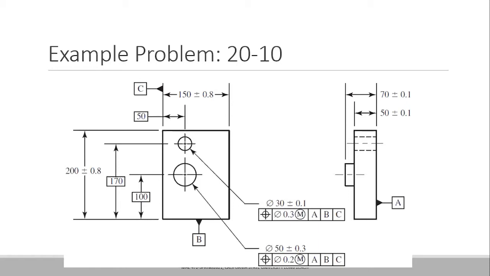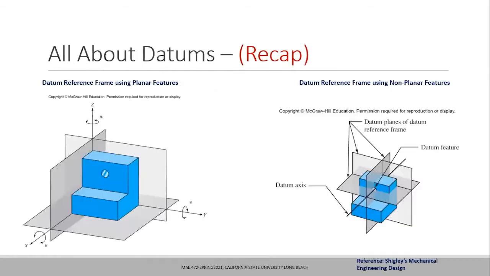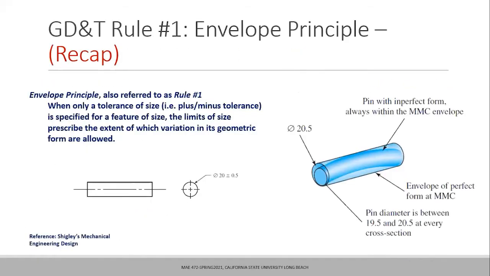So cylindrical form. If, let's say, the cylinder is like this, having curvature like this, is there any control in the drawing that controls the curvature of the cylindrical part?